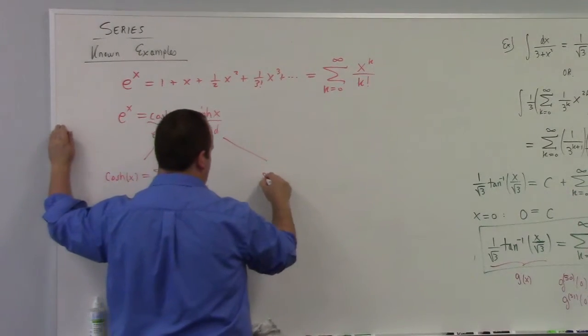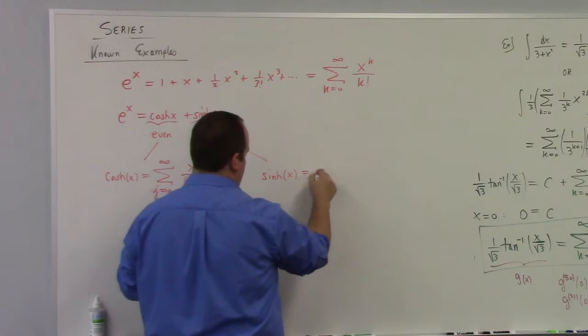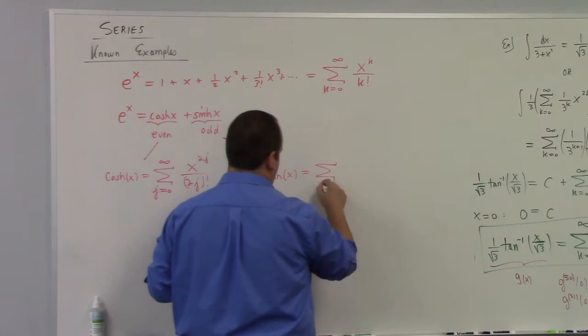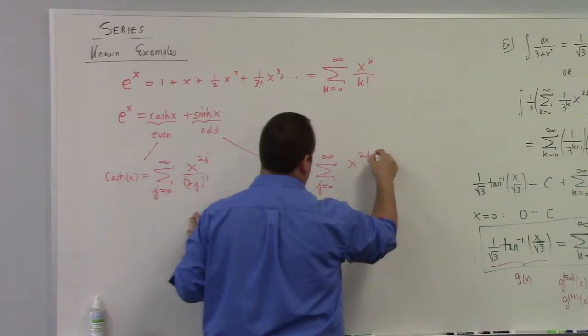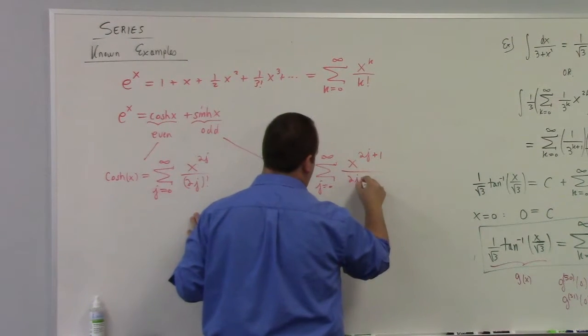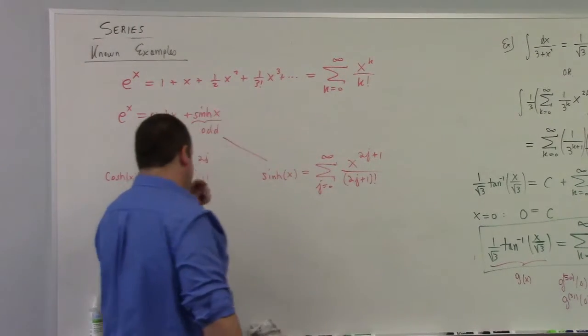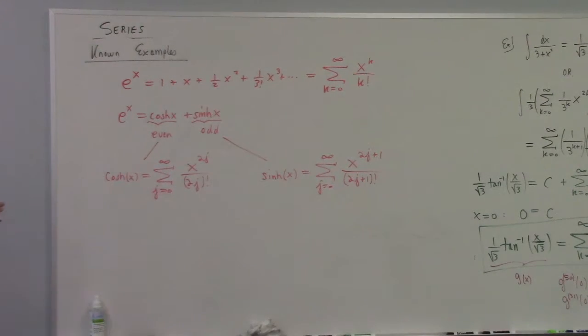And sinh is the sum j equals 0 to infinity of x to the 2j plus 1 over 2j plus 1 factorial. If you look at that, those are exactly just the even and odd terms in the exponential series, split into two pieces, the cosh and the sinh. So this is the power series for cosh, power series for sinh, power series for exponential. You can derive these from Taylor's theorem, right?